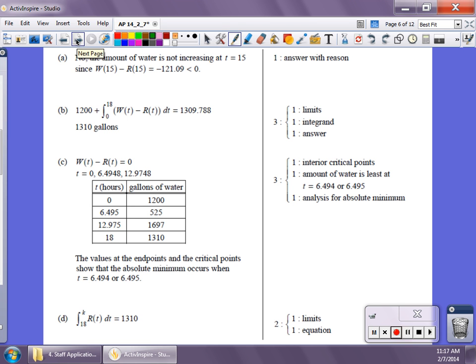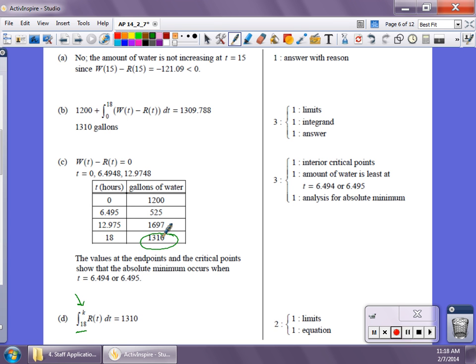So starting at time equal to 18, if I go all the way to time equal to K, then it has to be that it'll empty the tank. Well, here's how much water we had in the tank at 18. We found it in part C. Therefore, this equation would be integral has to give me 1310. That's how much displacement there should have been for the water to be completely gone. All right? Any questions on that?